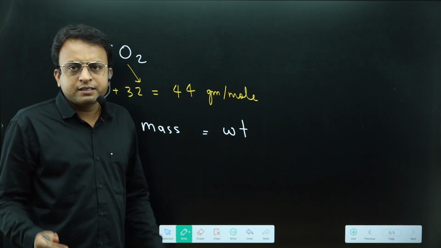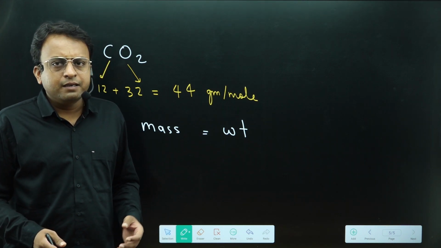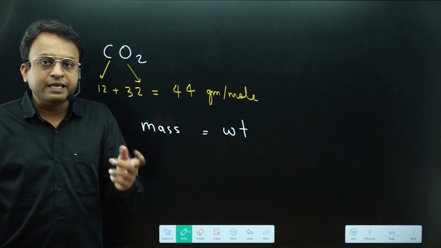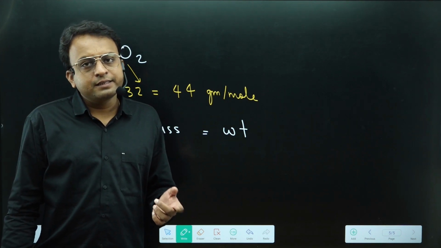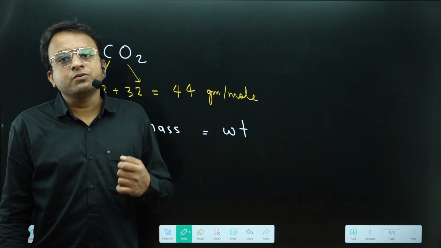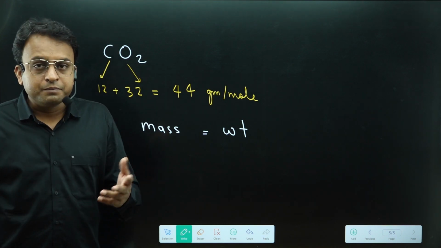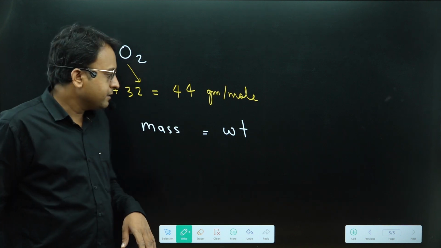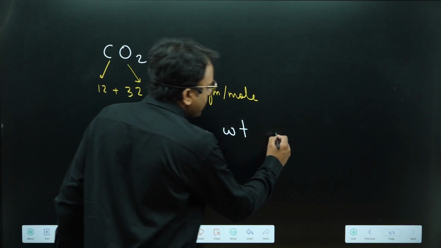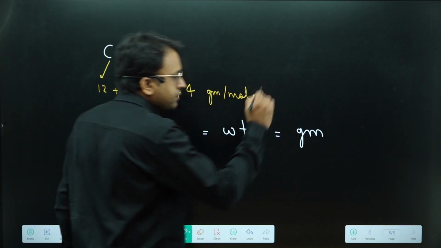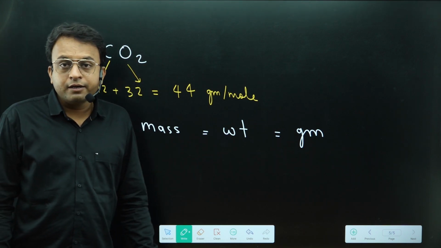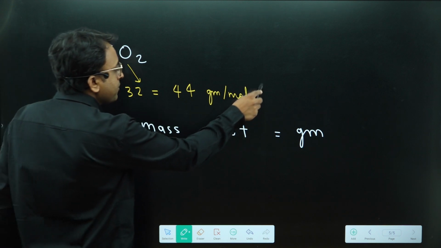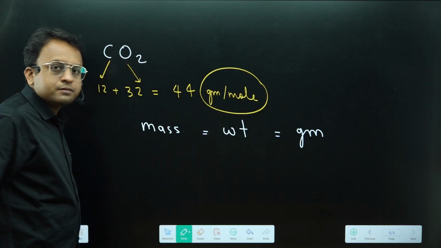In chemistry, we do experiments in the lab. We will do it in the form of gram, not kg or milligram. That is easy to calculate, easy to weigh. So the unit of mass or weight in chemistry is gram, and the unit of atomic and molecular mass is gram per mole.